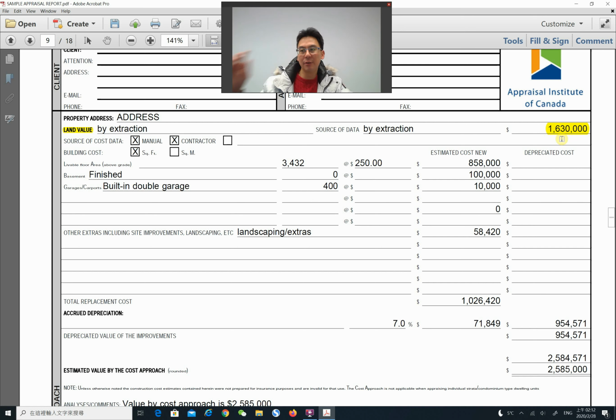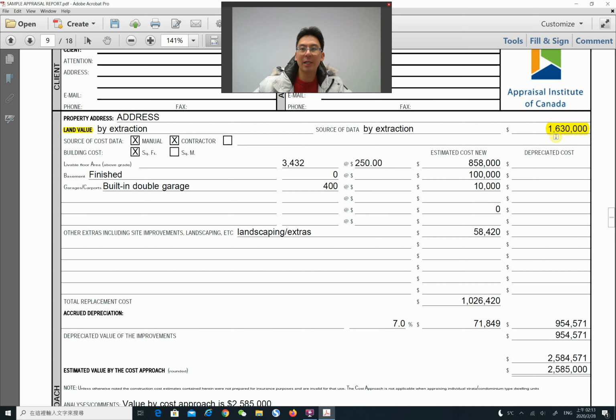However, one thing you have to be cautious about is sometimes the land value exceeds like 89-90% of the total price. So if the client is purchasing this for 1.8 million, but the land value is already 1.6 million, some lenders would not lend on that because they say, well, in fact, the house is worth nothing. I am basically borrowing money for you to buy the land.